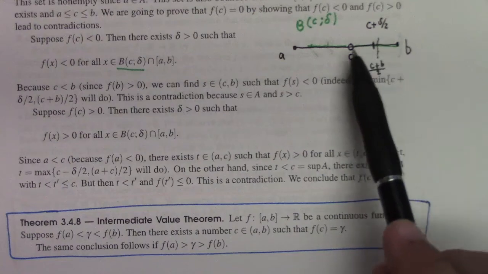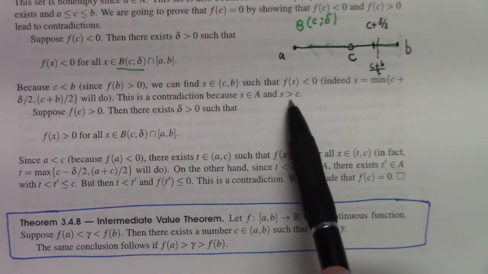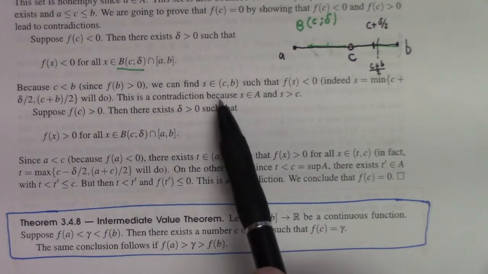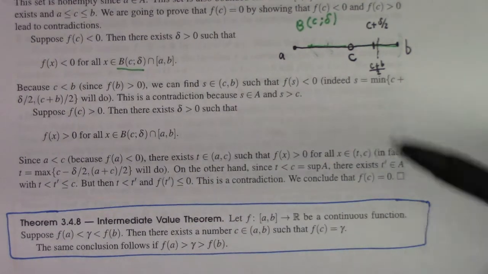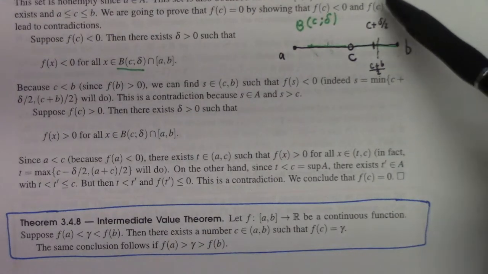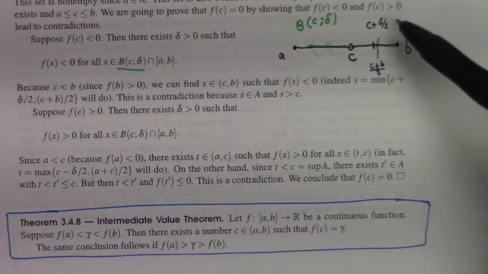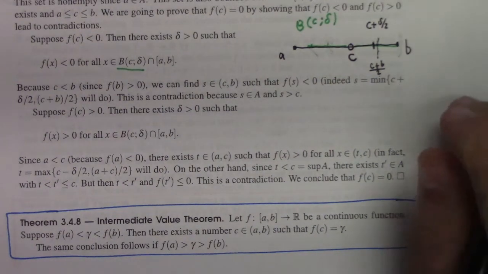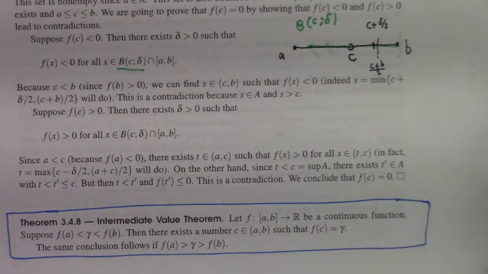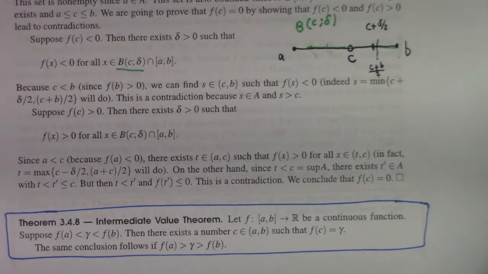The whole point was to construct an s which is larger than c, right? Because if s is in this interval, then it's bigger than c, which is the trouble, because c is supposed to be the least upper bound, and you've just found a value which is in the set and yet larger than the alleged upper bound.